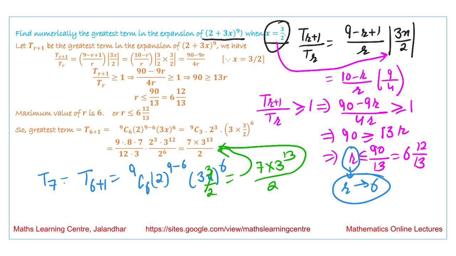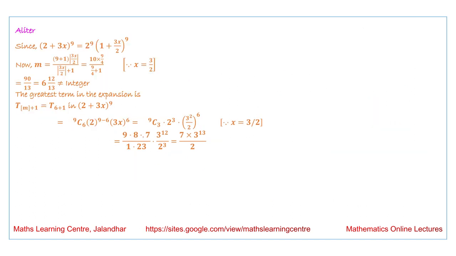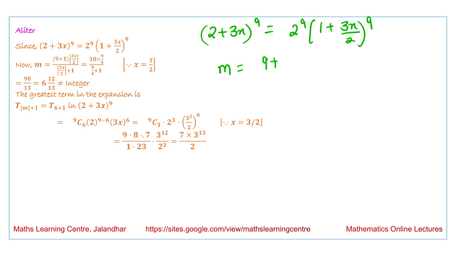So this is one method, and another method we have seen is, we are given (2+3x)^9. We can write this as 2^9 into (1 + 3x/2)^9. Now if we calculate the value of m, it is (n+1) into |3x/2| divided by (|3x/2| + 1).